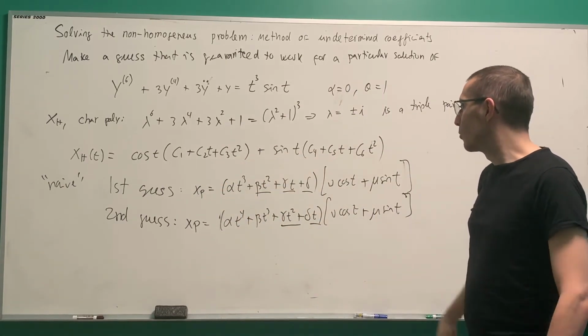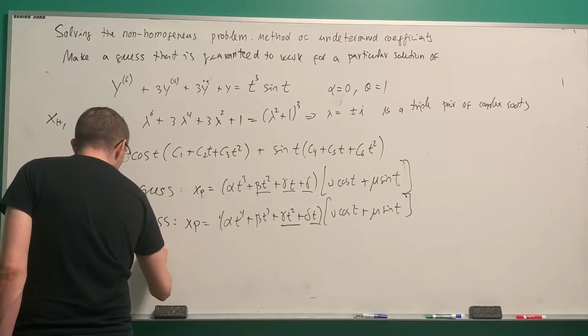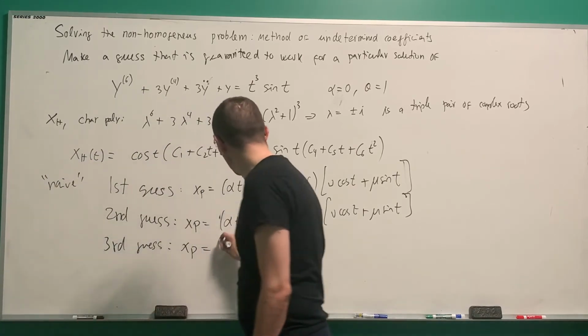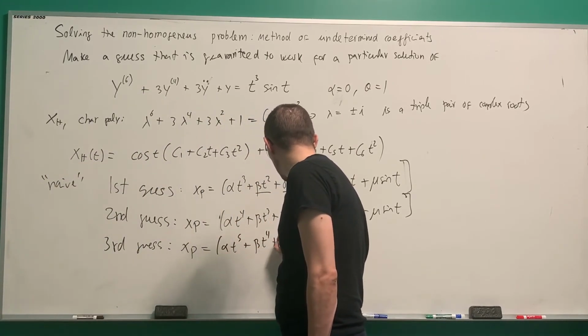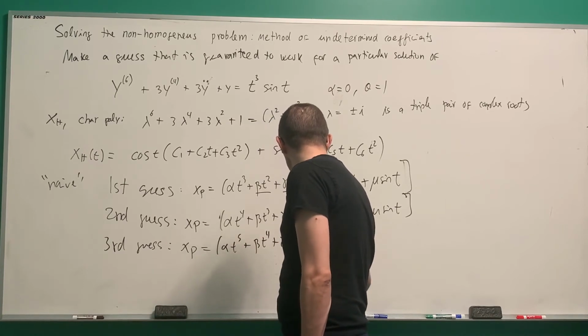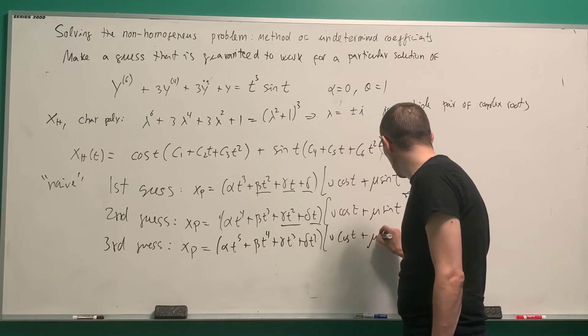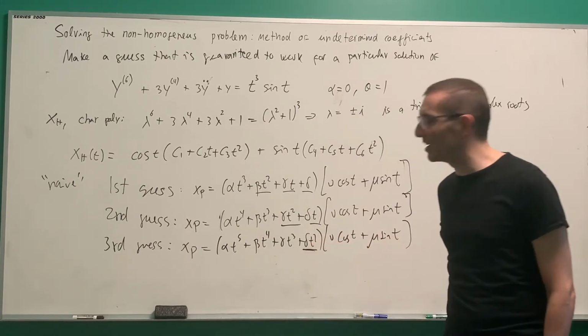Okay, bad guess then. What about a third guess? How about if I multiply by t cubed? That would give me alpha t to the 5 plus beta t to the 4 plus gamma t cubed plus delta t squared, and then nu cosine t plus mu sine t. Not good. We still have a little bit of overlap.